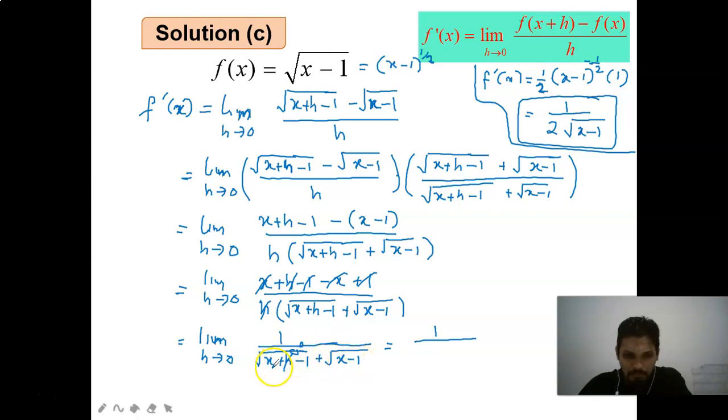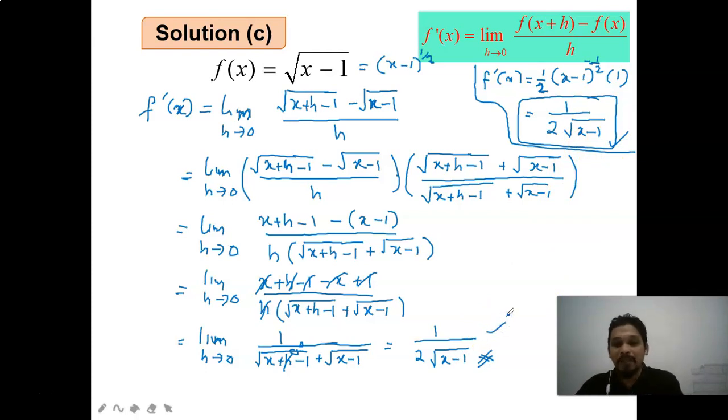Same term, right? Square root of x minus 1 plus square root of x minus 1 equal to 2 square root of x minus 1. There you go.